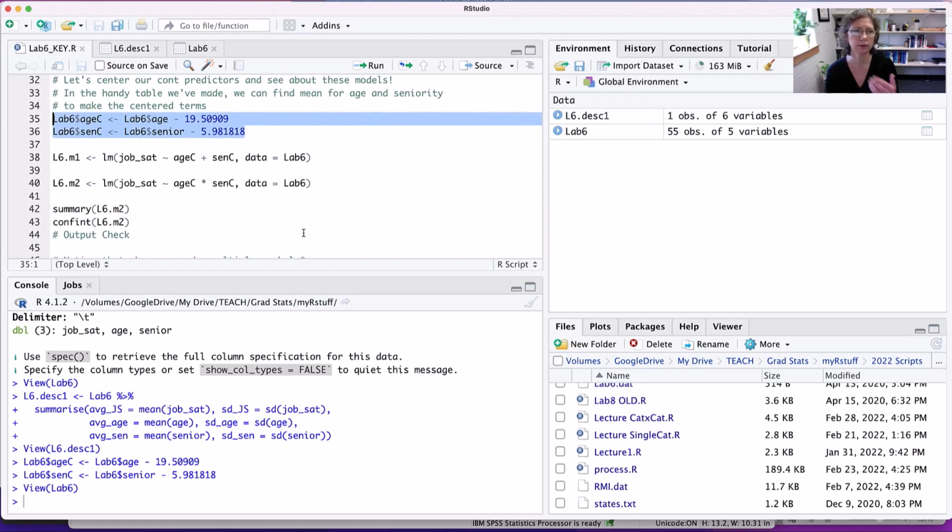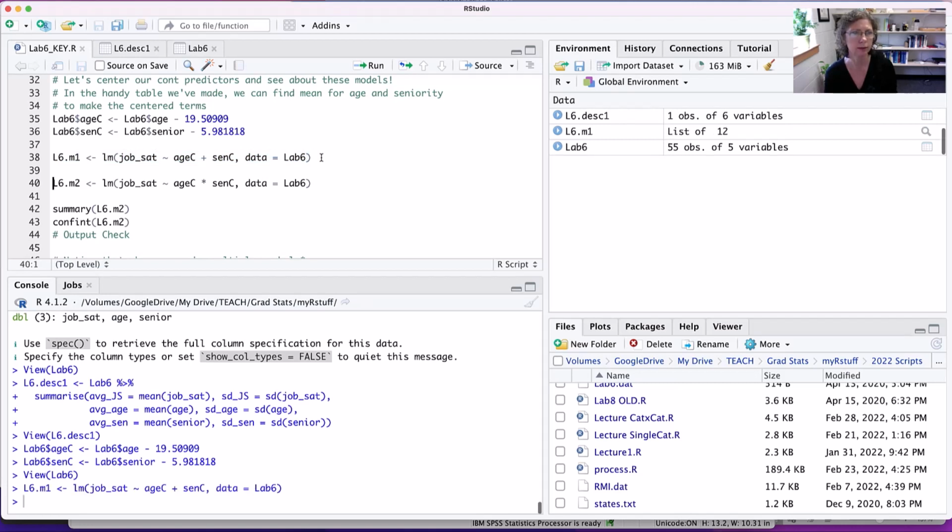So now we're ready for that hierarchical regression, because I want the partial F-test, right? I'm running the first model that only has the centered predictor terms, the focal predictor and the moderating predictor, and that'll be model 1.